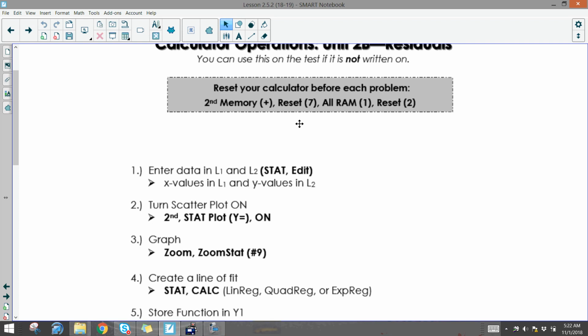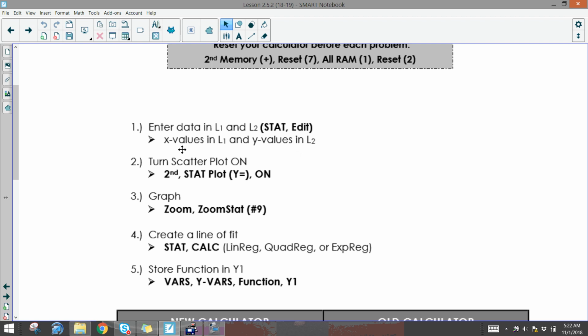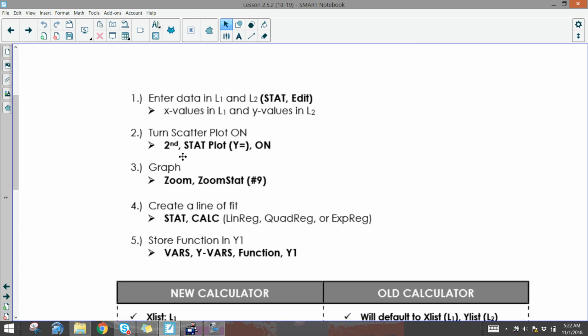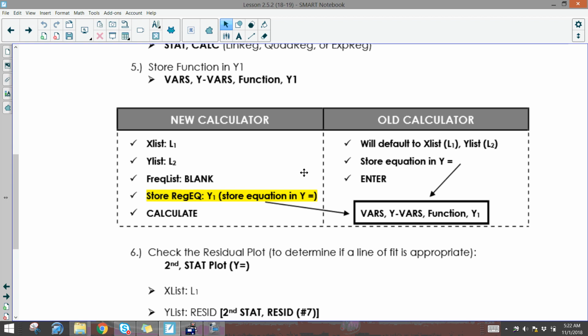And so I'll keep going through this. I went through and I tried to highlight the buttons that you would actually push. So the bolded words are the buttons that you're using on the calculator. And then everything else is an explanation of what those buttons are doing. And then down here, you see new calculator and old calculator.